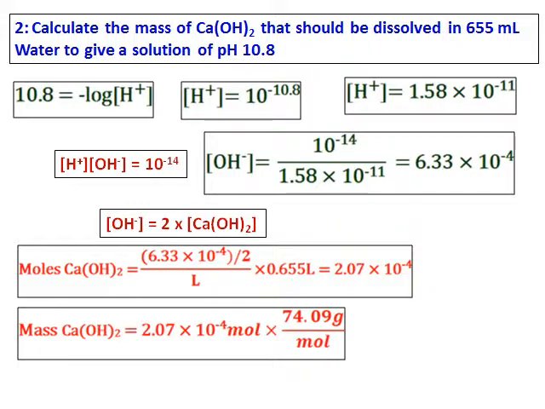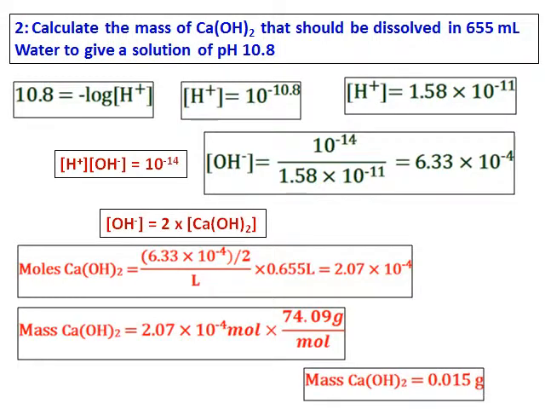And then the mass of calcium hydroxide is calculated by multiplying by the molar mass. So it is similar to the previous one, but just remember that after you calculate the concentration of hydroxide ion, in the case of calcium hydroxide, we need to divide it by 2.